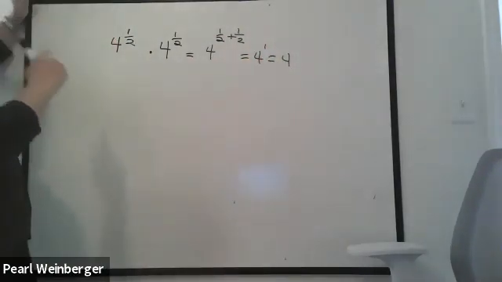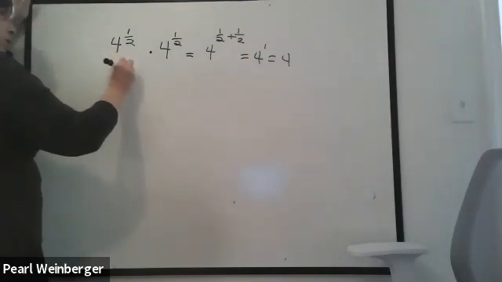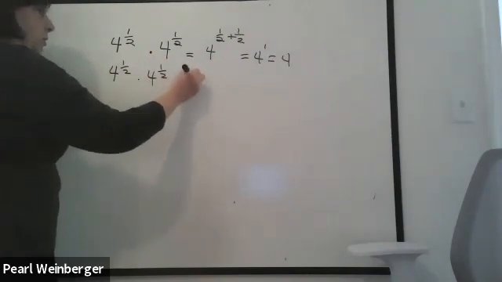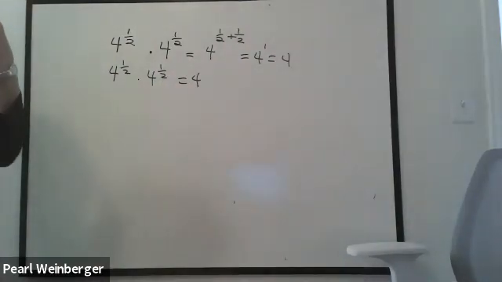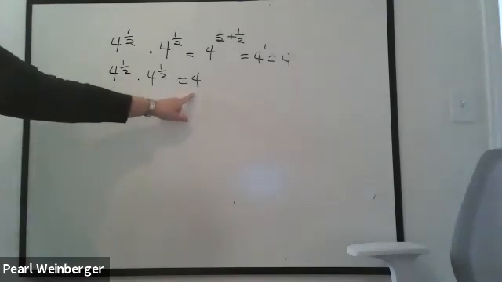So what is this telling me? It's telling me that when I'm multiplying 4 to the 1/2 times 4 to the 1/2, my answer is going to be equal to 4. Now let's think, these are two numbers that are the same, what two numbers can we multiply together to give us 4?